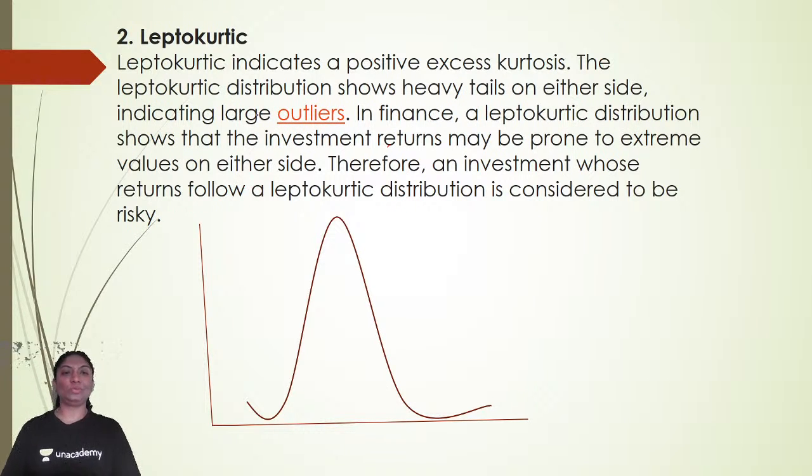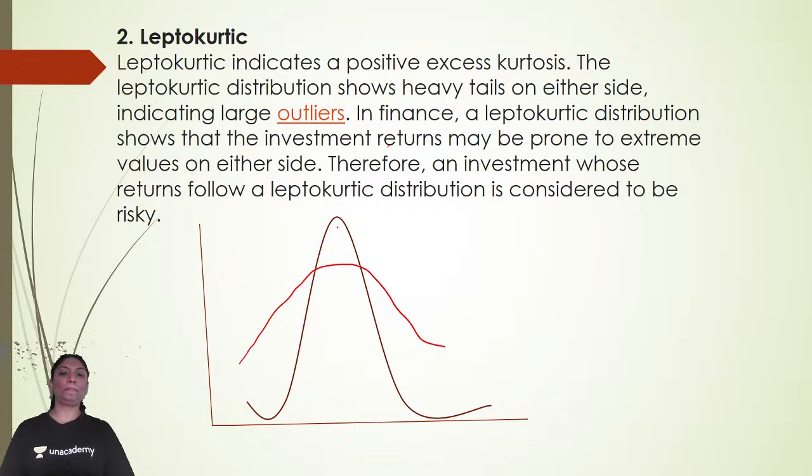As I told you, what is the use of kurtosis here? To identify the riskiness, whether in finance or anything else, that will be identified by using this kurtosis process. Now this is leptokurtic. Suppose this is your normal distribution, then here is a peak.